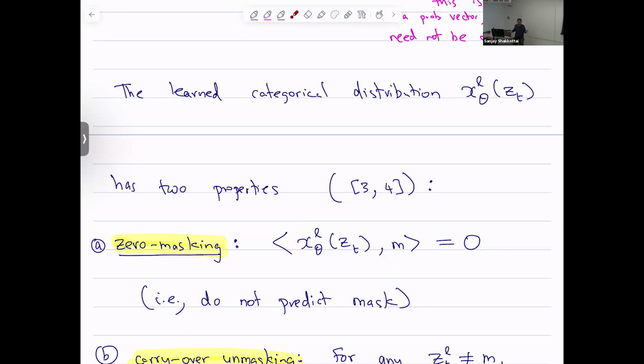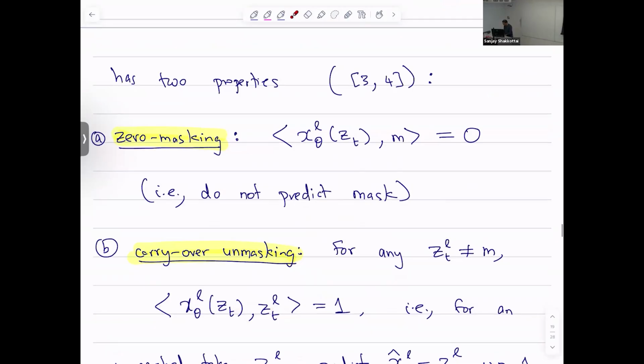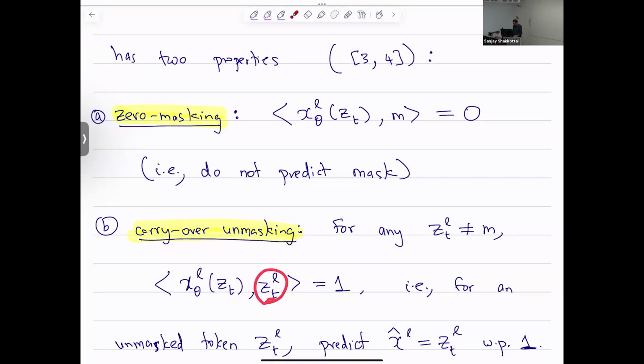The other is something called carryover unmasking, which is if it's already unmasked, then x theta will be a one-hot encoded vector. Meaning it will carry over whatever is unmasked to predict the same unmasked thing.